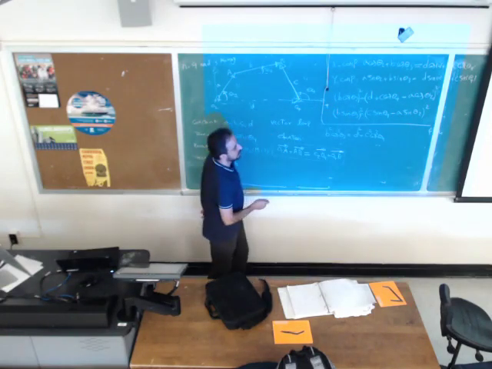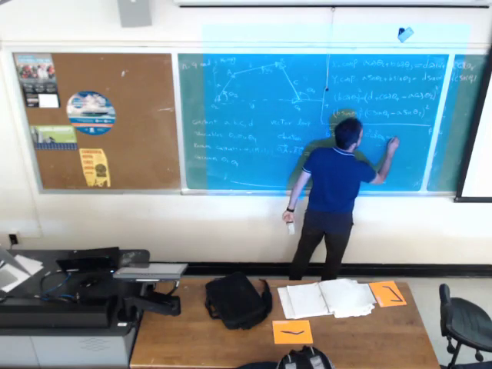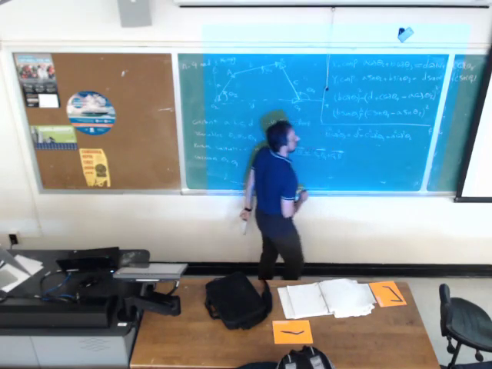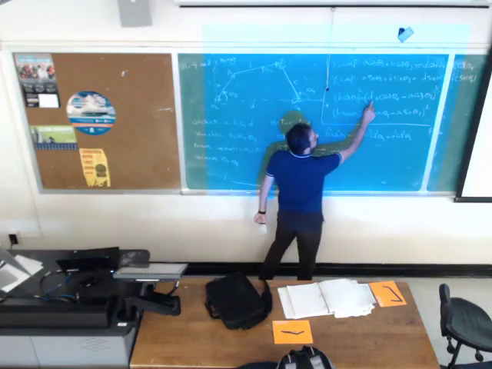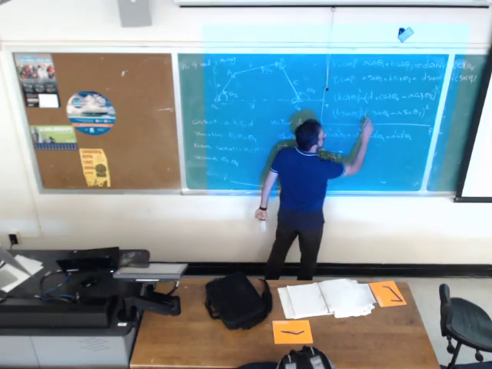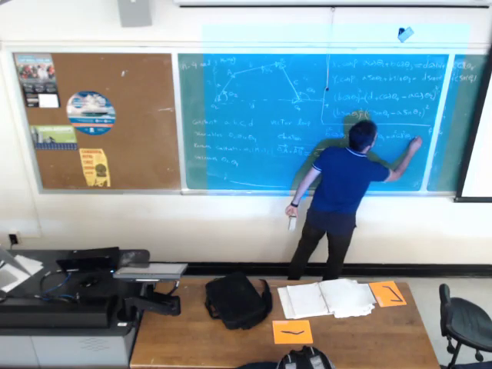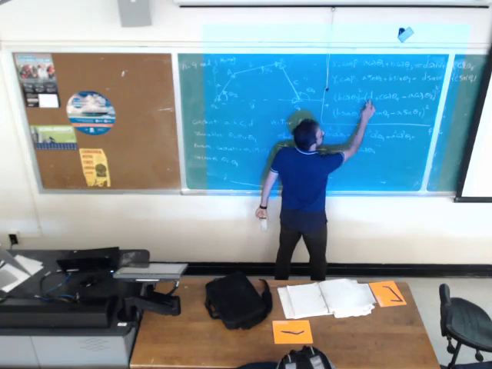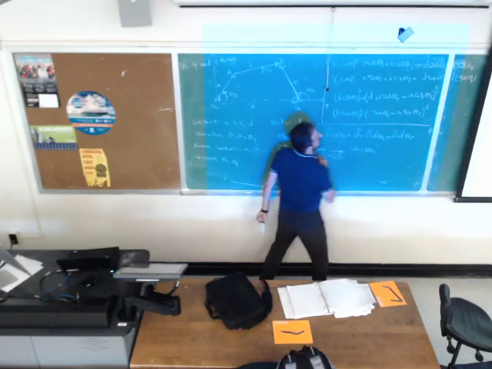Negative a cosine of theta 2 squared is going to be positive when it's squared. 2 times this term times this term, plus 2dc cosine of theta 4. 2 times this term multiplied by this term.